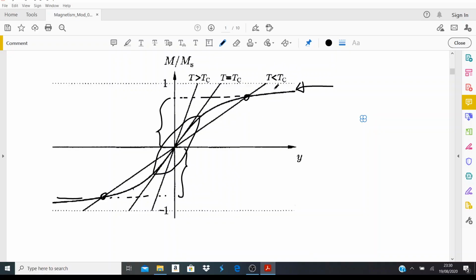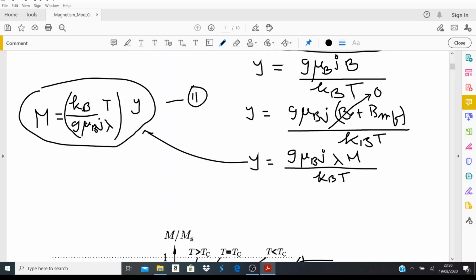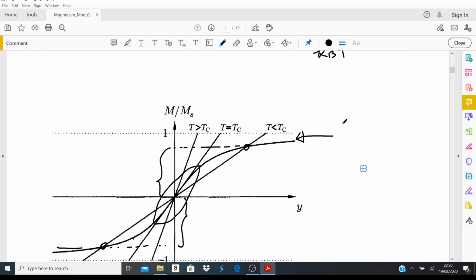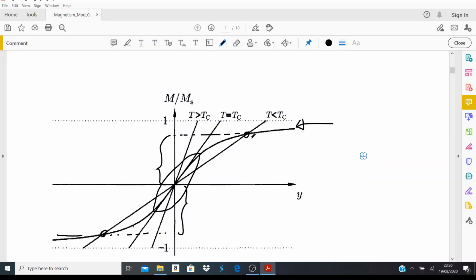So below Tc, we have a spontaneous magnetization. That's the meaning: in this equation B is equal to 0, but even then we have two stable points where we have non-zero magnetization, and these are our spontaneous magnetization, right?